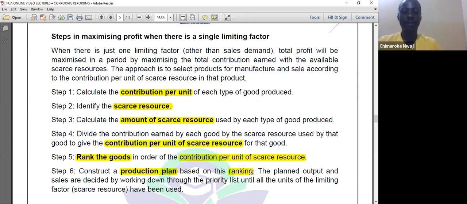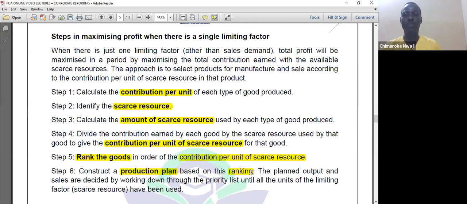Okay, we said that your production plan will have your ranking, your product, then that scarce resource that you are basing your ranking on should also come. So you have your scarce resource, this labor, this material comes next.